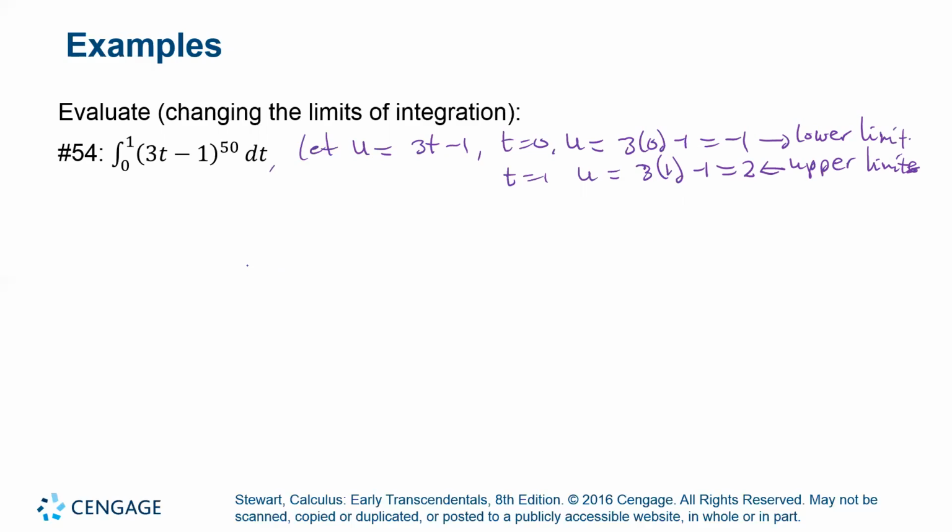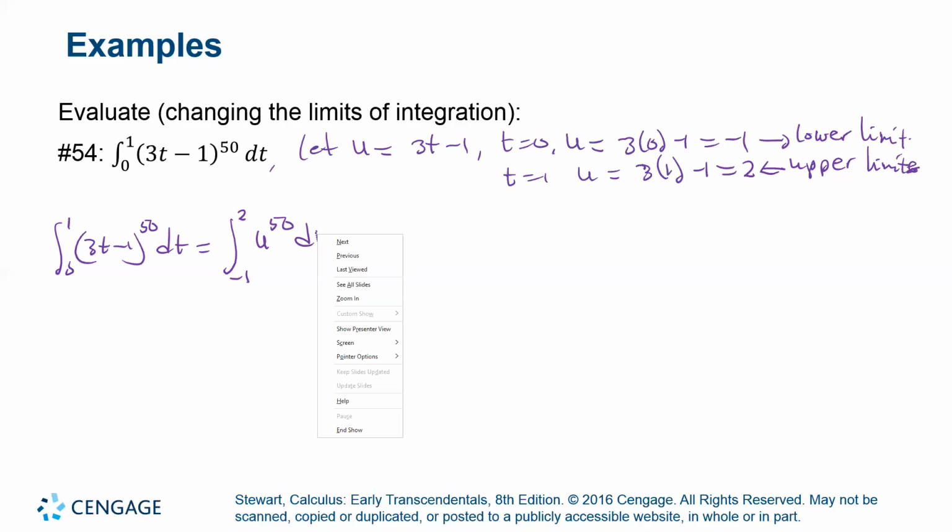You see that? Okay, so let's do the same now. The integral from 0 to 1 of 3t minus 1 raised to 50 dt now becomes the integral from -1 to 2 of u raised to 50 du.